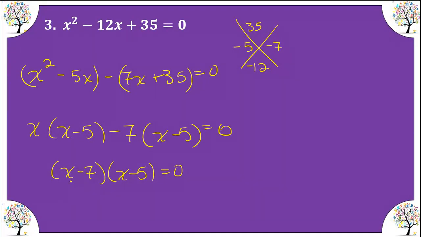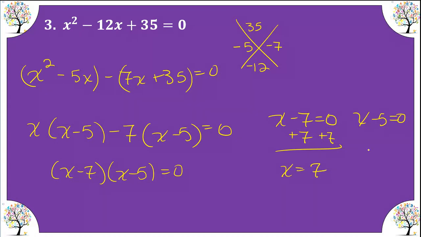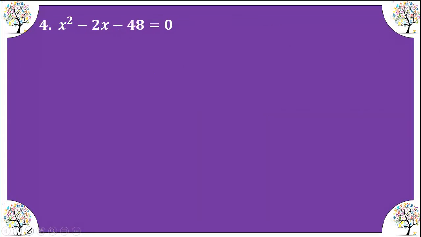Now we set each of these binomials equal to 0 and solve. One intercept is 7. The other intercept is positive 5. Here are our solutions, our zeros, our roots, where this function crosses the x-axis.